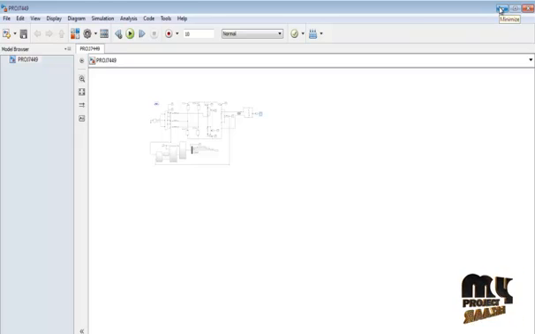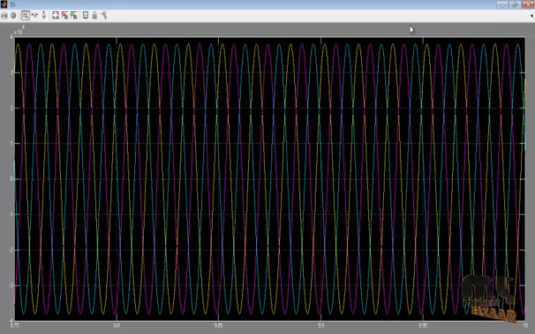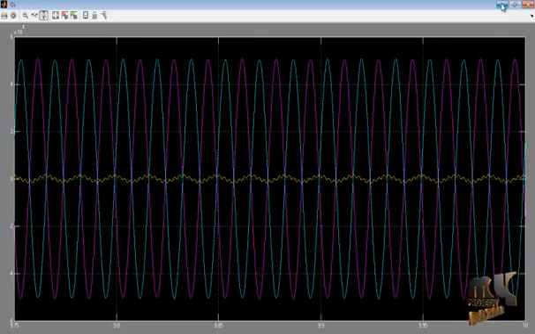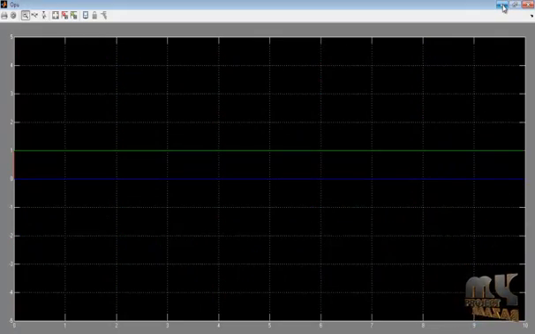The first one is the input 3-phase voltage, the next one is the input 3-phase current, and the next one is the control signal obtained from the space vector pulse width modulation technique.